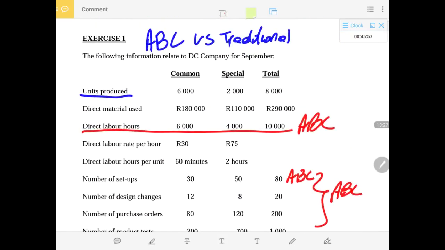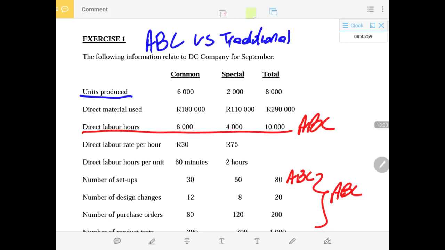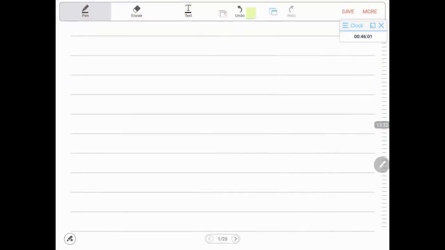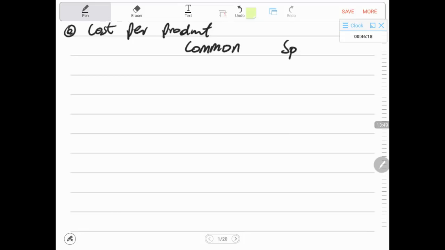Remember, the cost per product is made of 3 things. We are responding to requirement number 1, calculating the cost for each product. We have 2 products, which are product common and product special.